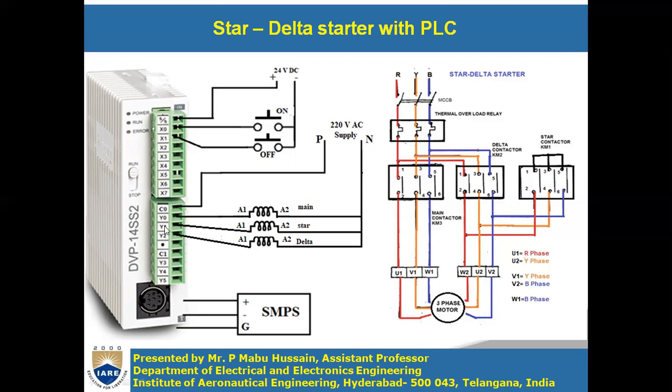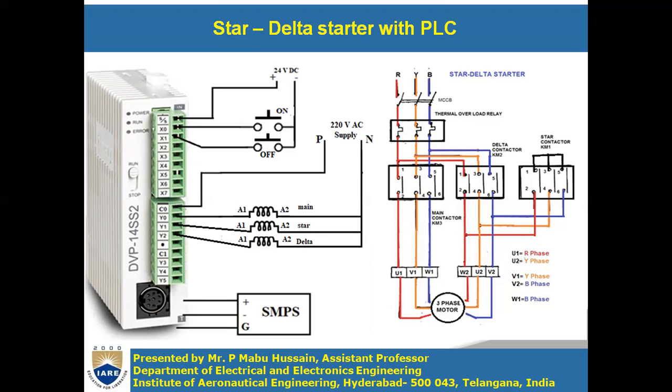Similarly, whenever Y1 is on, the star contactor coil will get the supply, and then all the poles of the star contactor will close. In the same fashion, whenever Y2 is on, the delta contactor coil will get the power supply, and the delta contactor will close.